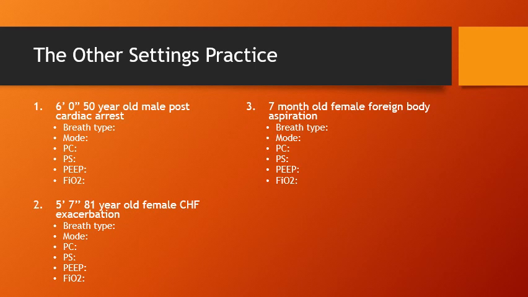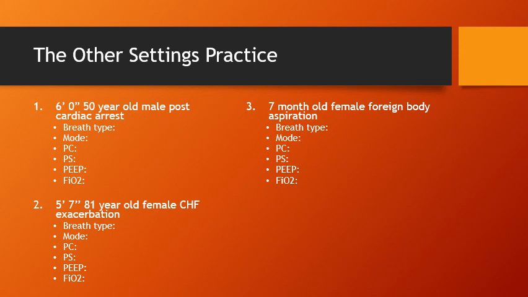So patient 3, it's our 7-month-old female with foreign body aspiration. Now this will be a little bit different as far as breath type goes. In our infants, remember we said with their small, fragile little lungs that we probably want to use a pressure control breath type, especially if they're less than 10 kilos, and if I remember correctly, this patient was less than 10 kilos for her actual body weight.